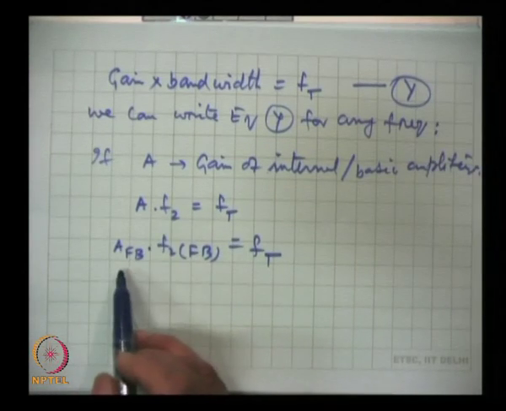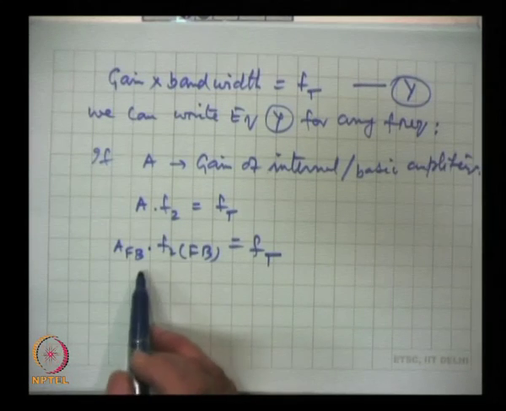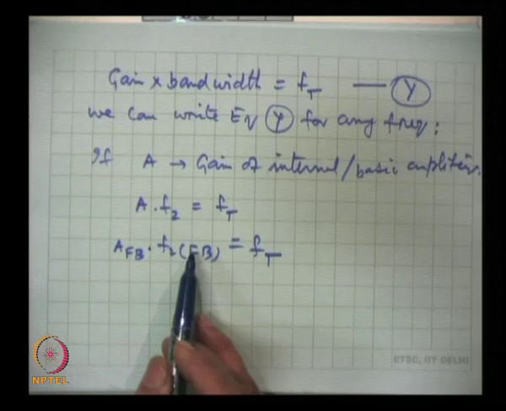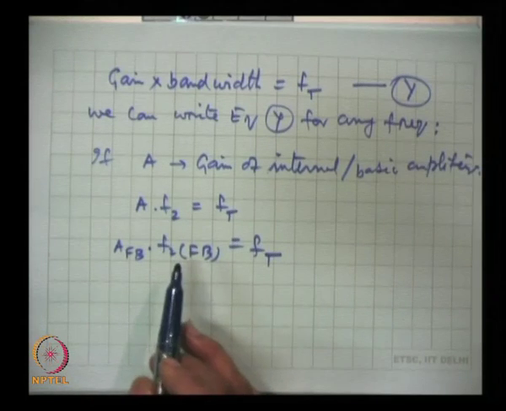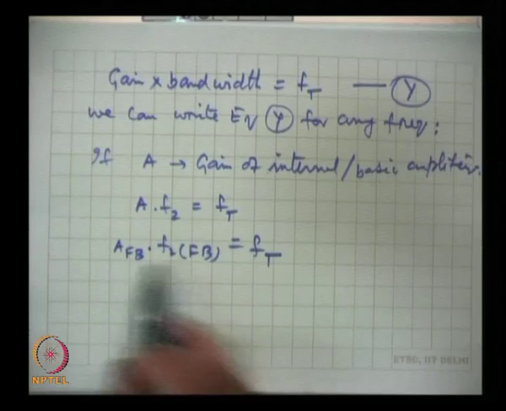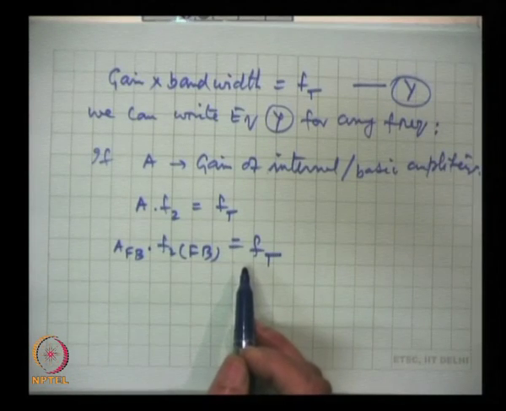And with feedback the similar equation can be written: A fb into f2 fb, the bandwidth of the amplifier with feedback, and the product is equal to ft.